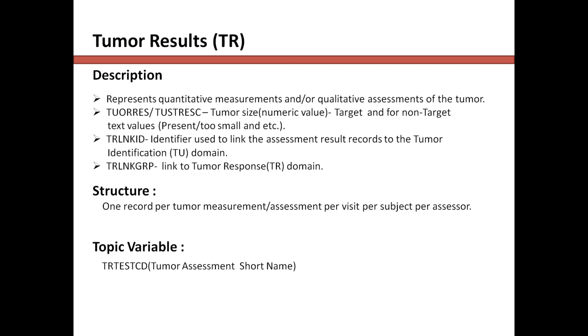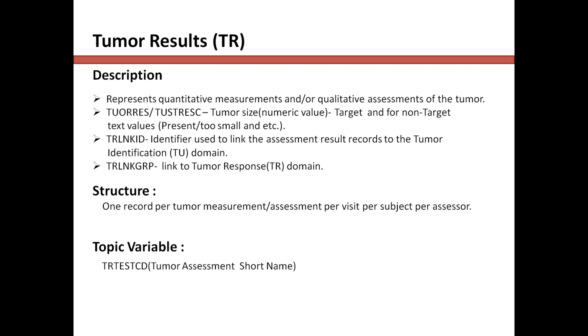Another efficacy domain in the SDTM is tumor results. It represents quantitative measurements or qualitative assessments of a tumor with respect to target and non-target tumors. We have variables like TRORRES and TRSTRESC.